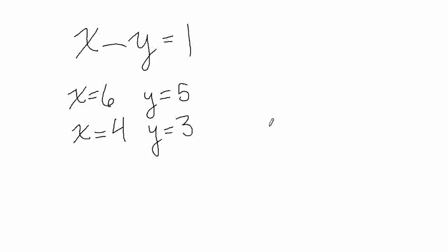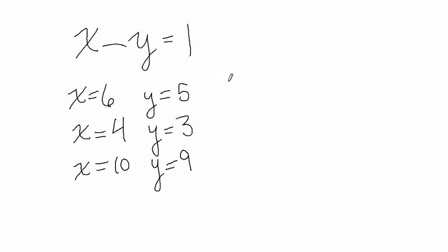Isn't 4 minus 3 also equal to 1? Or what about 10 and 9? We can keep doing this all day, and we can get countless pairs of numbers that have a difference of 1.